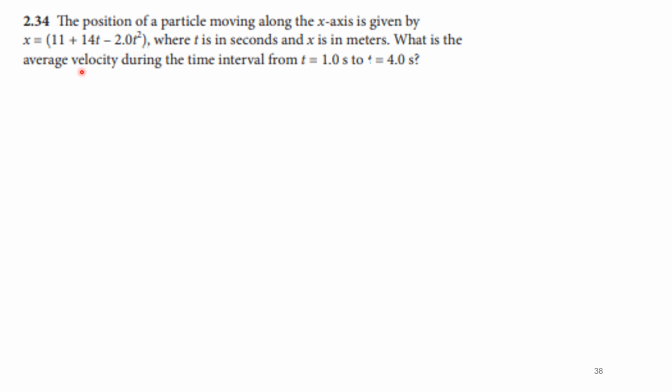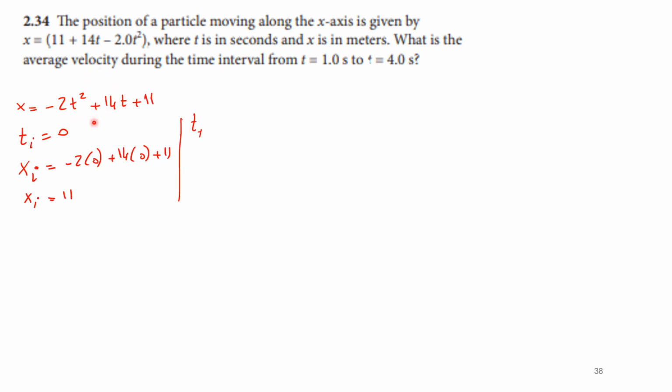What is the average velocity? Remember, at the beginning of the recording we discussed that when we have the position function and we want to move on to the velocity function, we only have to derivate. So this is the function of x.